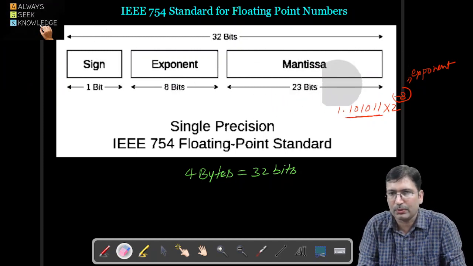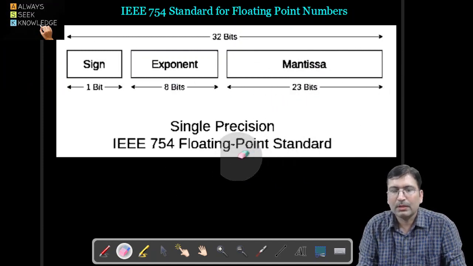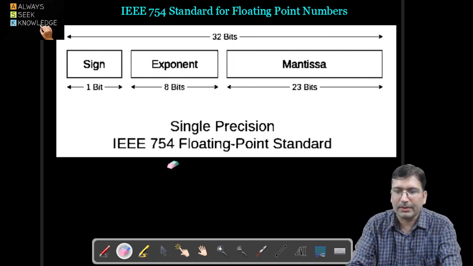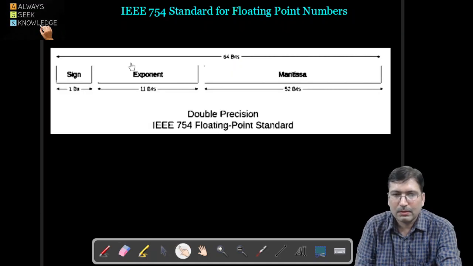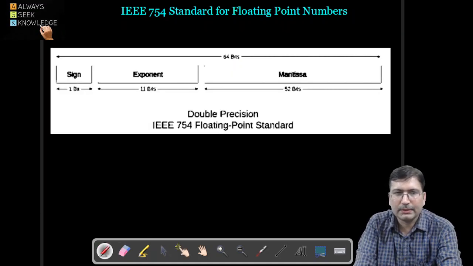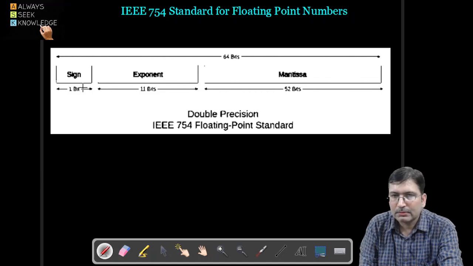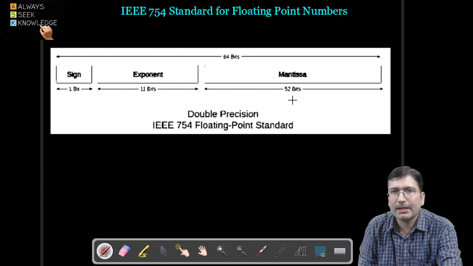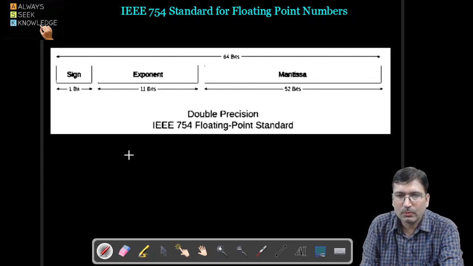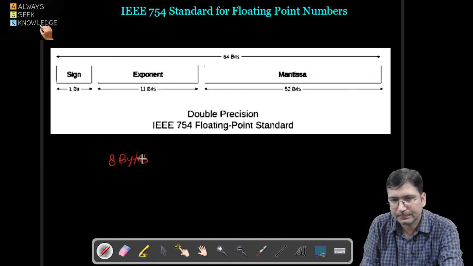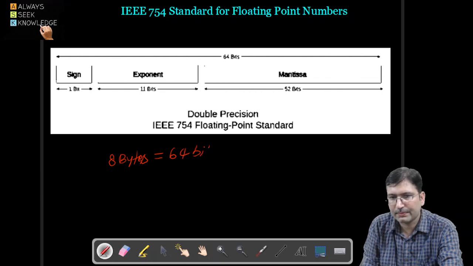Now let's talk about the double precision format. In double precision, the total allocated bytes will be 8, so there will be 8 bytes, which is equal to 64 bits.